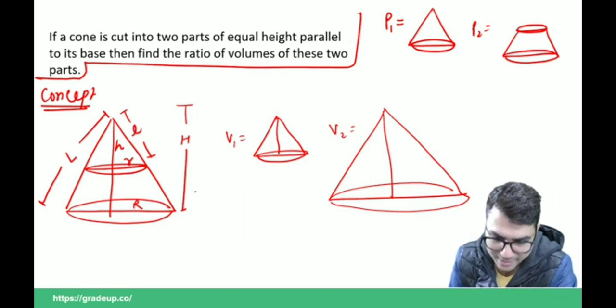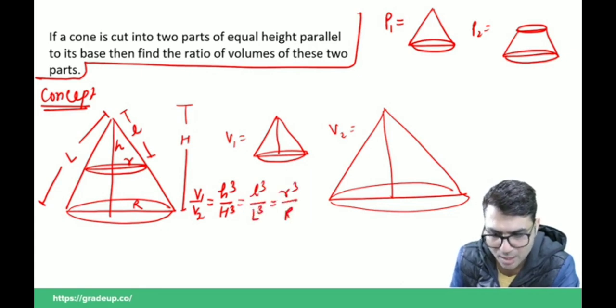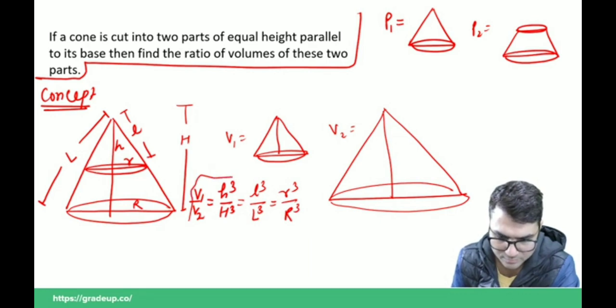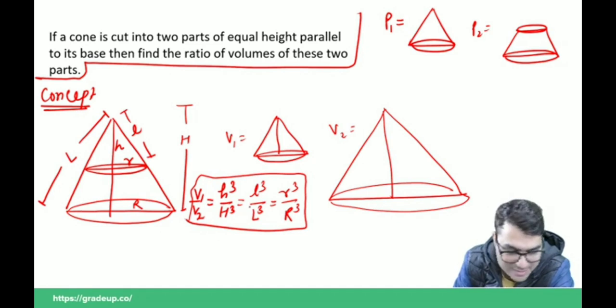From this, I can say V1 upon V2 is equal to h cube upon H cube, equal to l cube upon L cube, equal to r cube upon R cube. So this is the basic concept of this question. Is it okay to all of you?